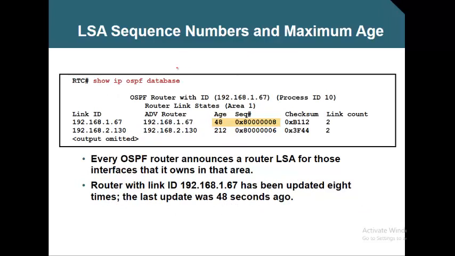If you type show ip ospf database, you can see the sequence number. This is the eighth update from this advertised router about this link. And this is the sixth update from this neighbor about this link. So this is 48 seconds before, this is 212 seconds before.